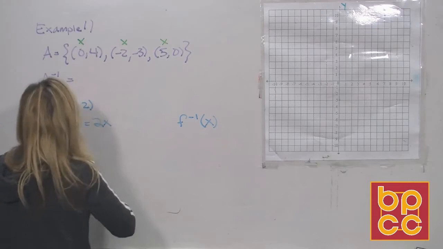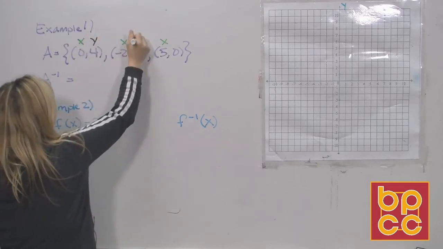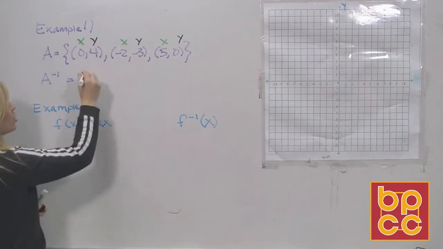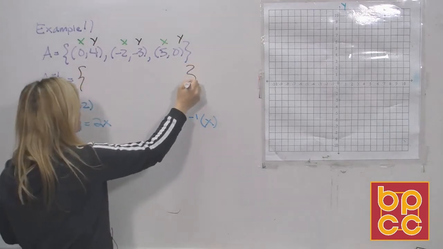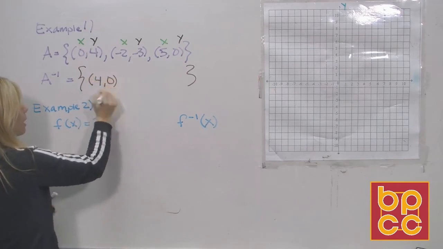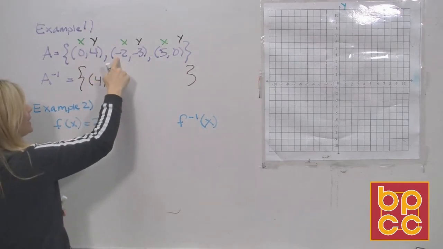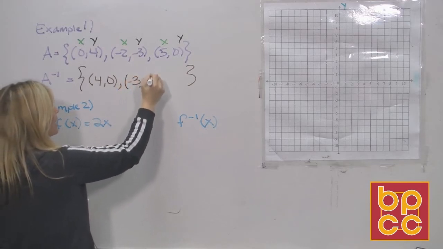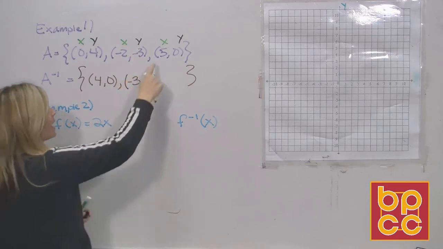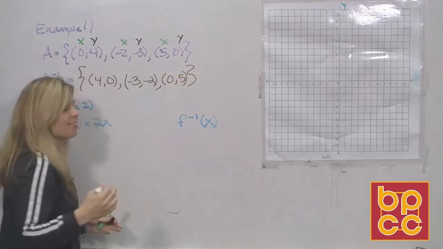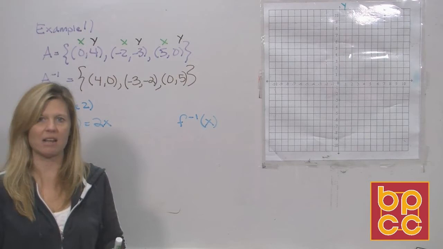I'm going to label all the y's. When I ask you for the inverse, all I'm asking you to do is switch them. So instead of writing (0, 4), we would write (4, 0). Instead of writing (-2, -3), we're going to write (-3, -2). Instead of writing (5, 0), we're going to write (0, 5). And that's what we mean today by the word inverse.